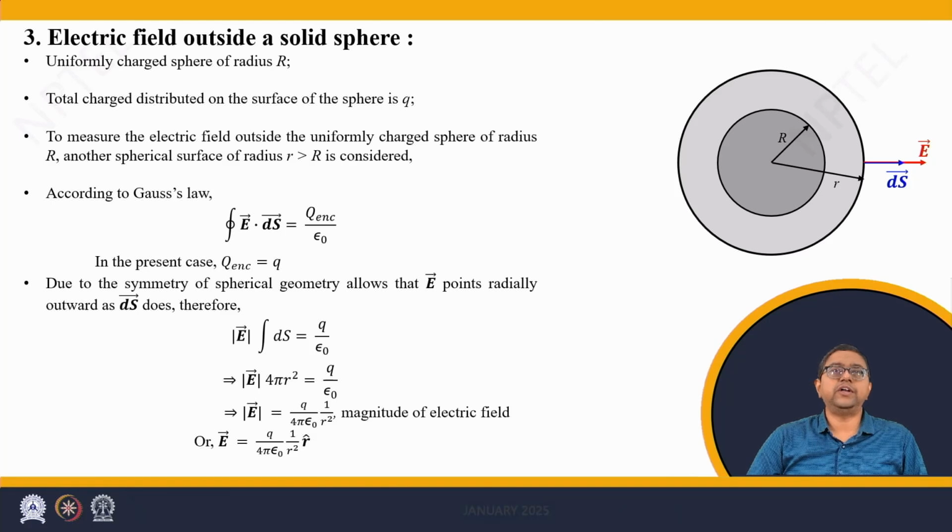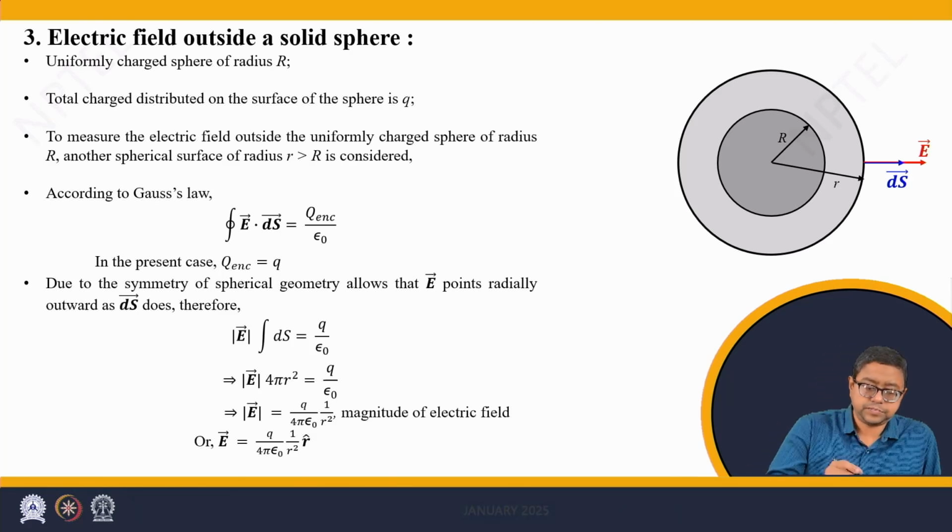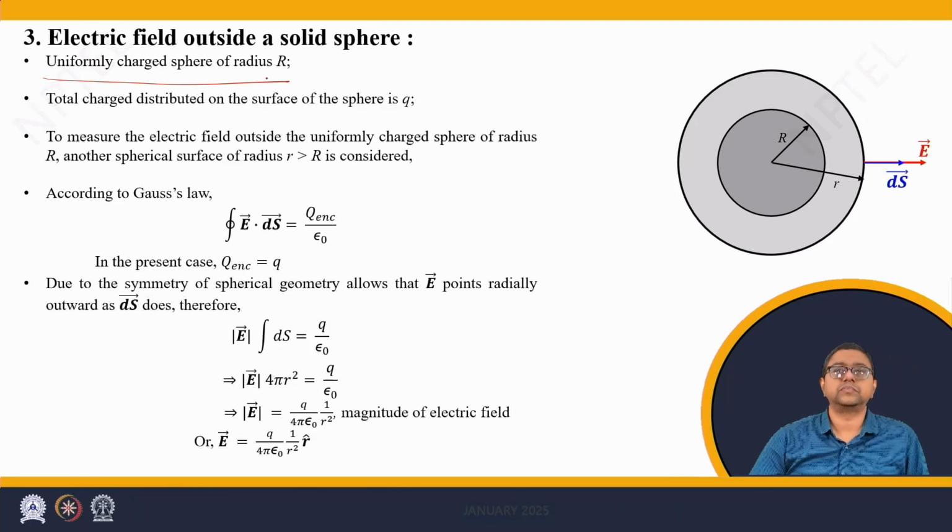Next, we look into the electric field which is outside a solid sphere which is having a charge distribution. Now, this solid sphere is considered to be having a uniformly charged distribution.